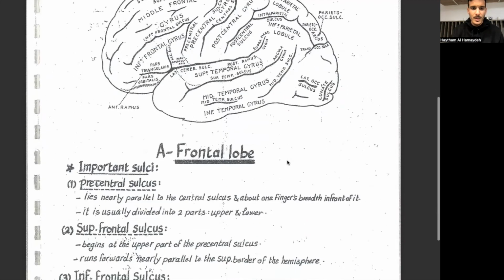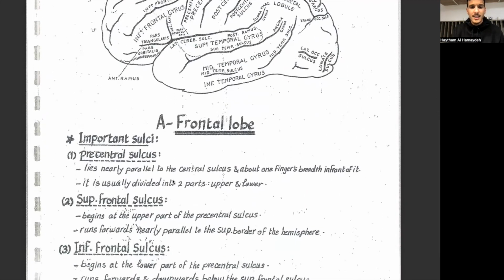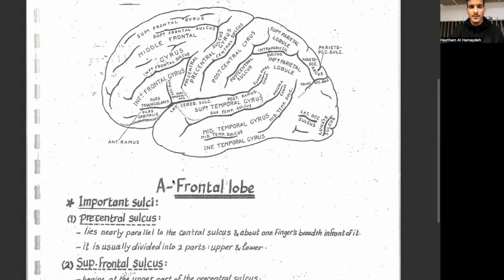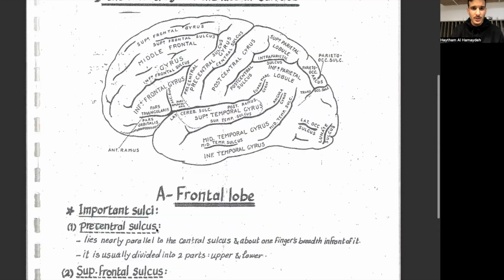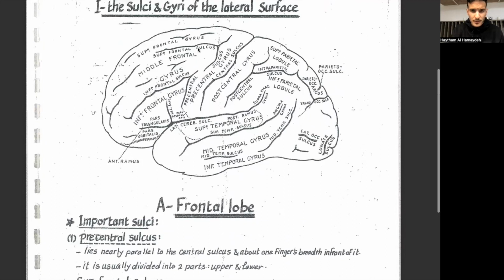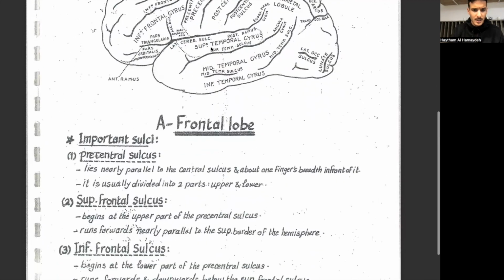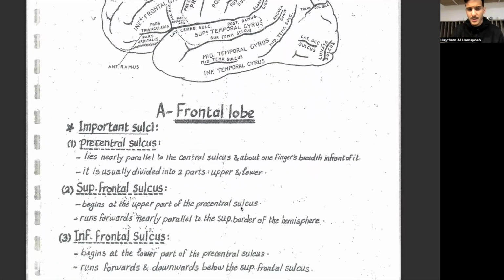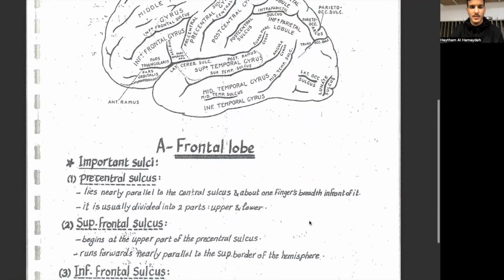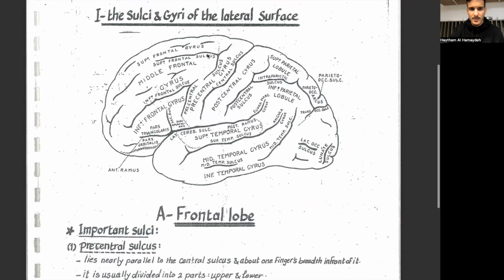Now, the next important sulcus that we have to mention is the superior frontal sulcus, right here. The superior frontal sulcus separates the superior frontal gyrus from the middle frontal gyrus. It begins at the upper part of the precentral sulcus and runs forward nearly parallel to the superior border of the hemisphere, right here.